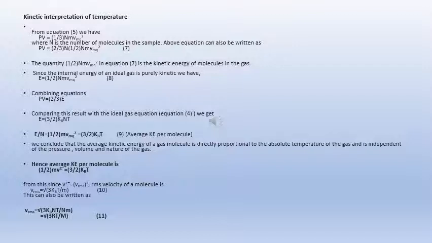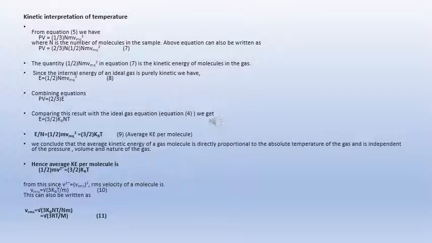Since the internal energy of an ideal gas is purely kinetic, we have E, the total energy, which is also the kinetic energy, equal to half m n V square. Now, combining equations 7 and 8, we get PV is equal to 2 by 3 times E, or we get P is equal to 2 by 3 of the kinetic energy per unit volume.